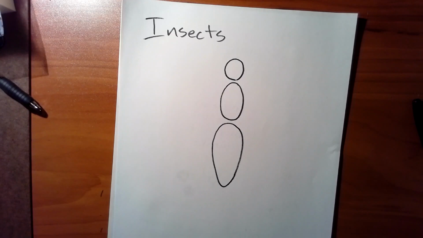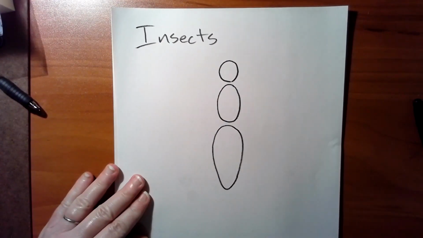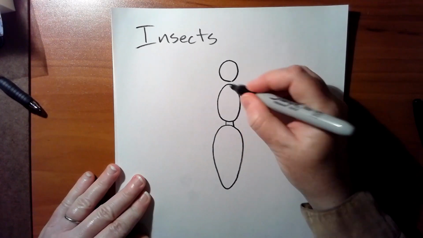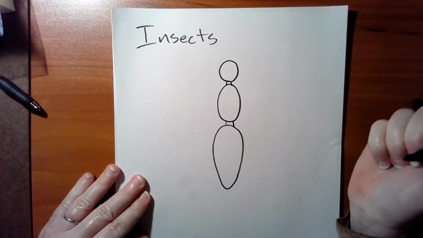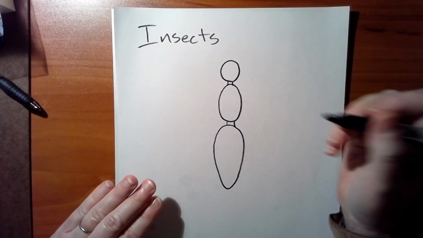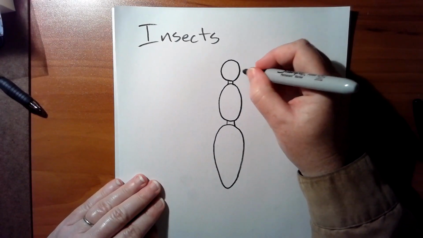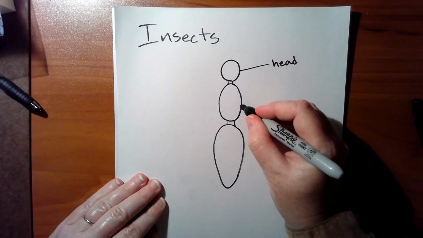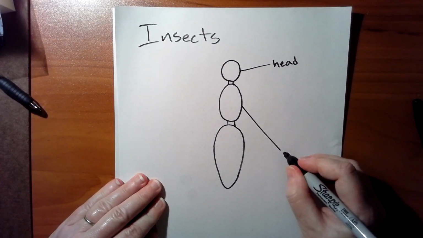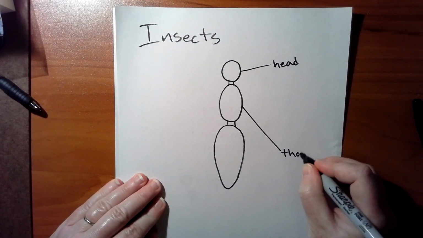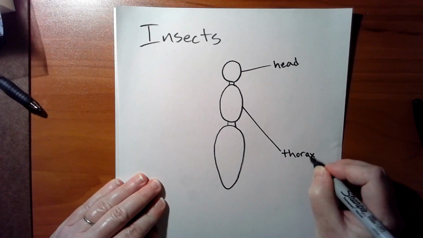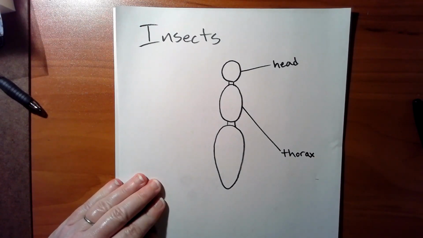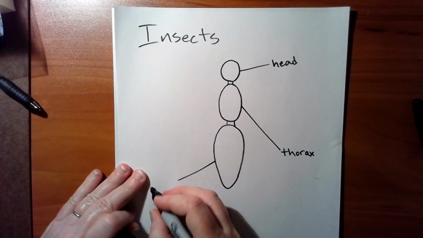Alright, we're going to start with these three major parts. You can connect them. Alright, so we have the head, the thorax, and the abdomen.